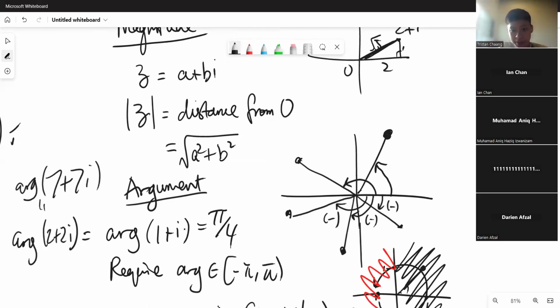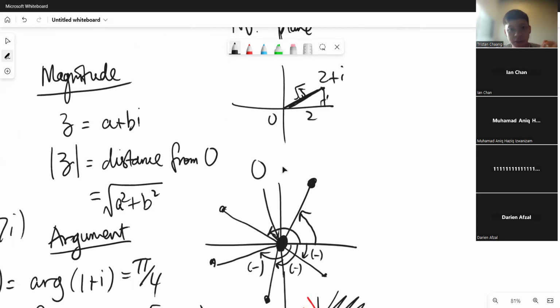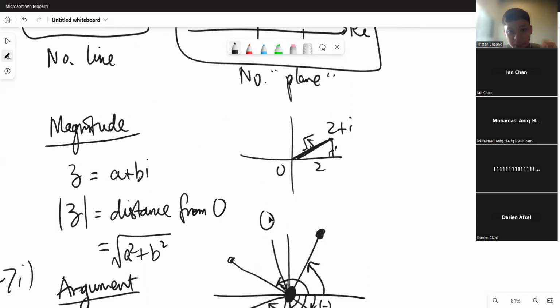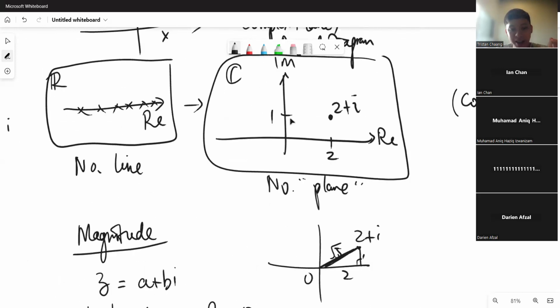Where is 0? The 0 is here. 0 is 0 plus 0i, right? This is 0, the point specified by 0. But remember, for complex numbers, a complex number is represented by a single point on the complex plane.